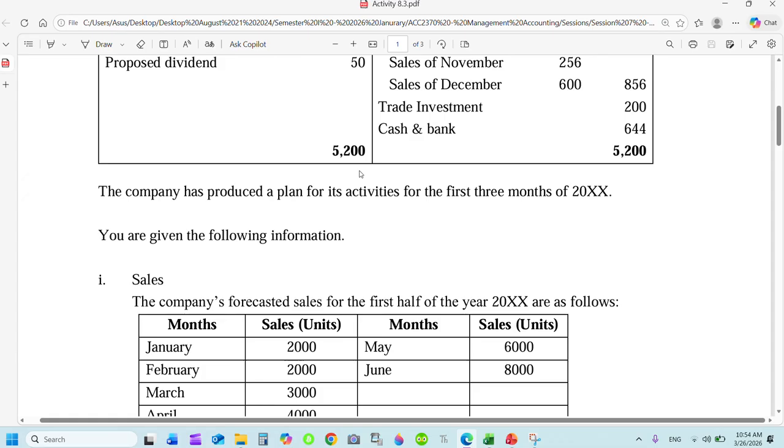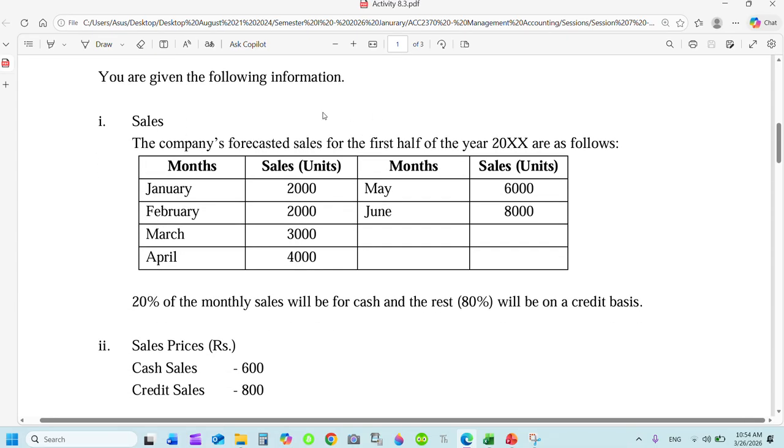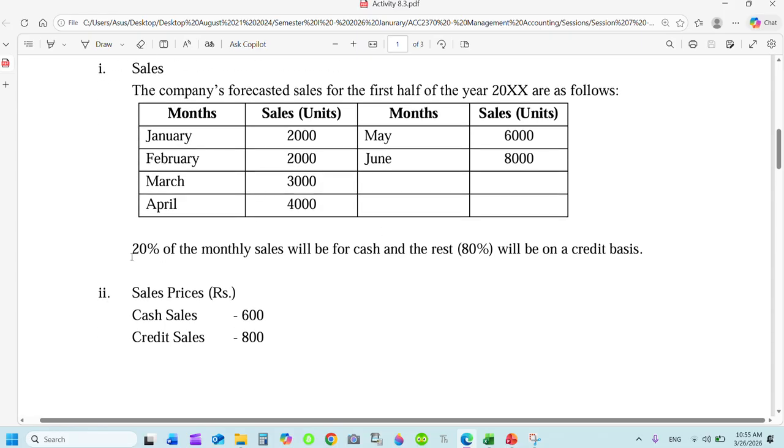actual information, you are given some other information with respect to sales. The company forecasted sales for the first half of the year like this. January, you expect to sell 2000 units, February 2000 units, March 3000, April 4000, etc. Then it is said 20% of the monthly sales are on cash basis and the balance 80% on credit basis.